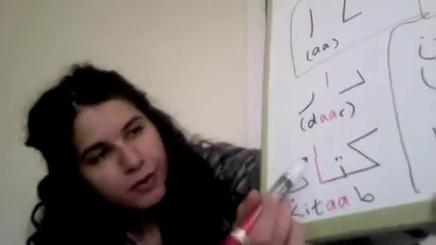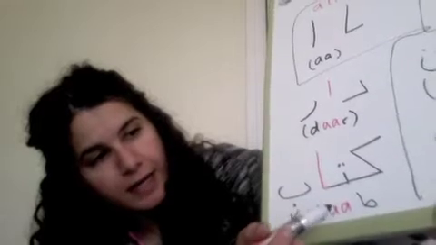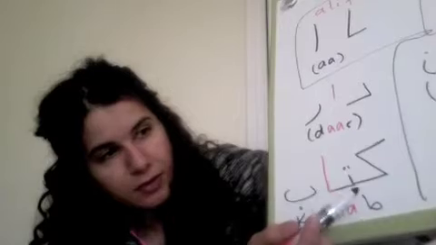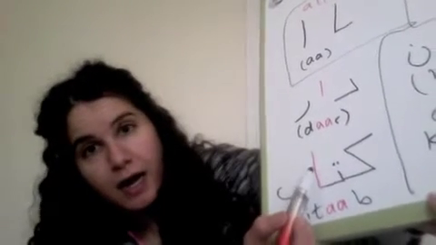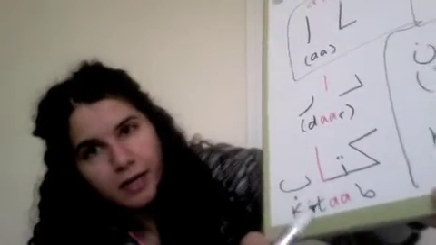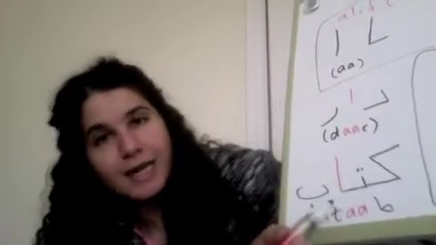So there's an alif right in the middle. So we're going to assume that it's the double A, which is the ah sound. So this is how we read it. Kitab. Kitab, like the double A, the alif, the ah sound. Kitab.